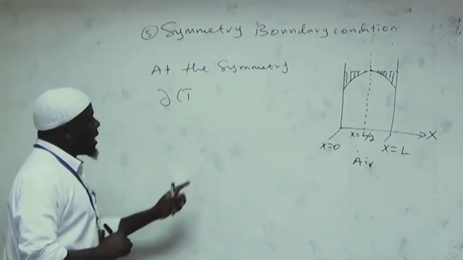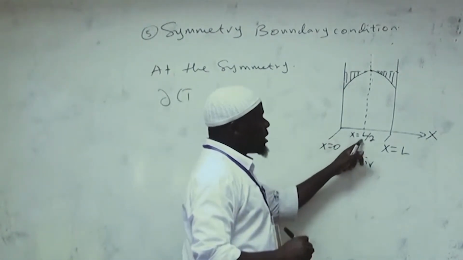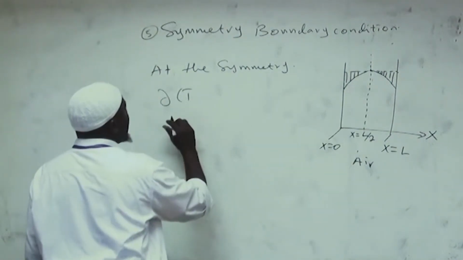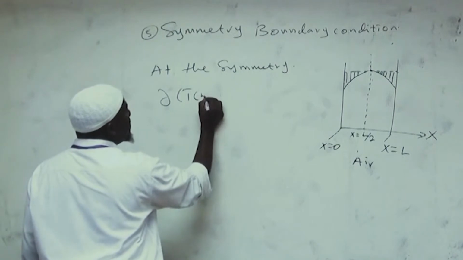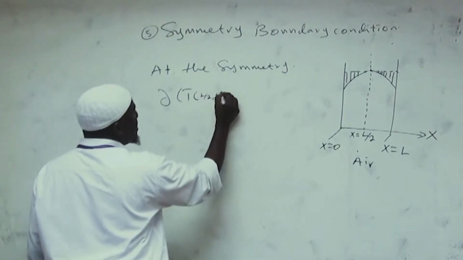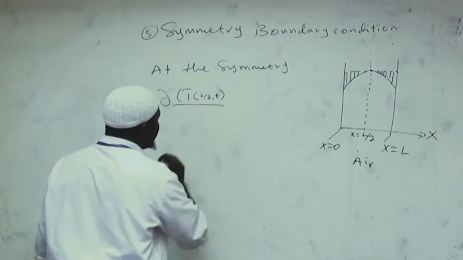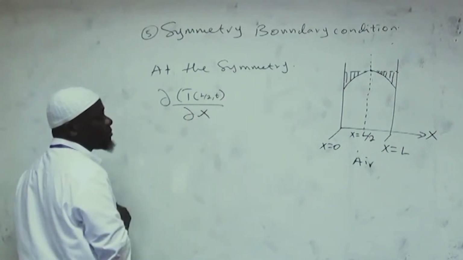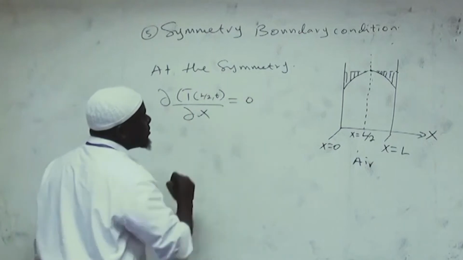At the point where x equals L divided by 2, at time t, the derivative of this temperature with respect to x is always equal to 0.